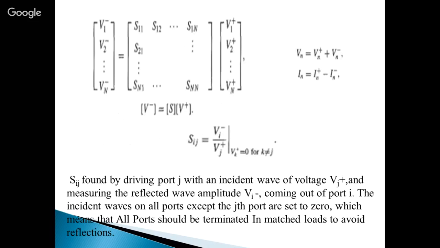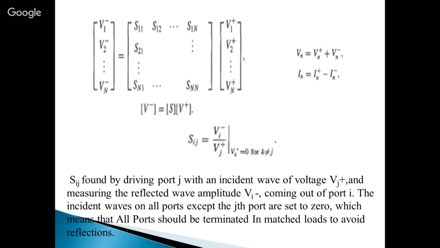for calculating the scattering matrix, Sij can be given as Vi minus divided by Vj plus, if Vk plus equals 0 for k not equal to j.